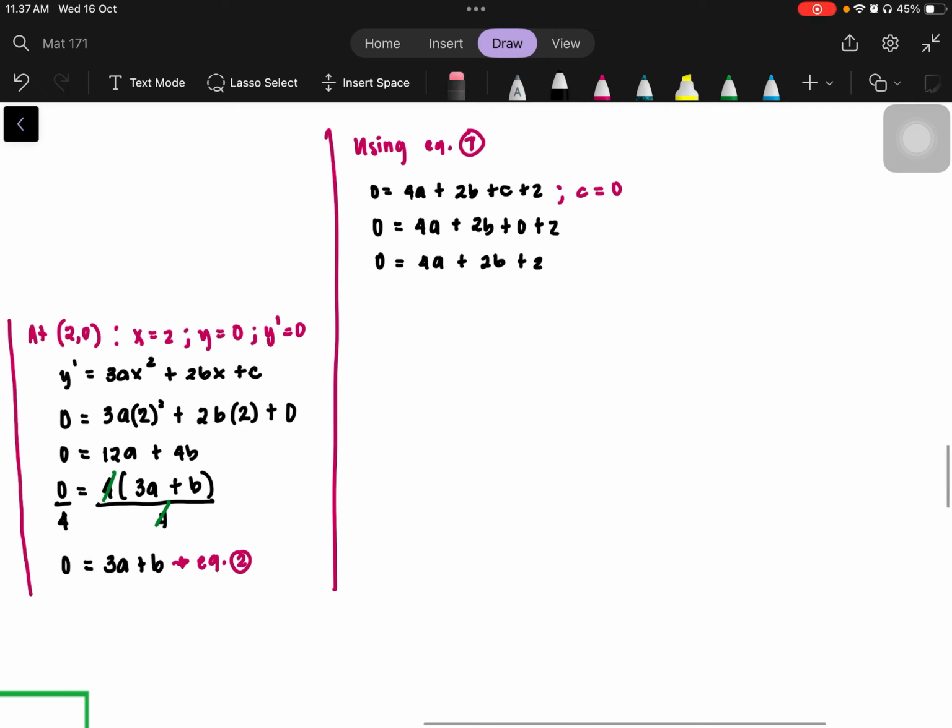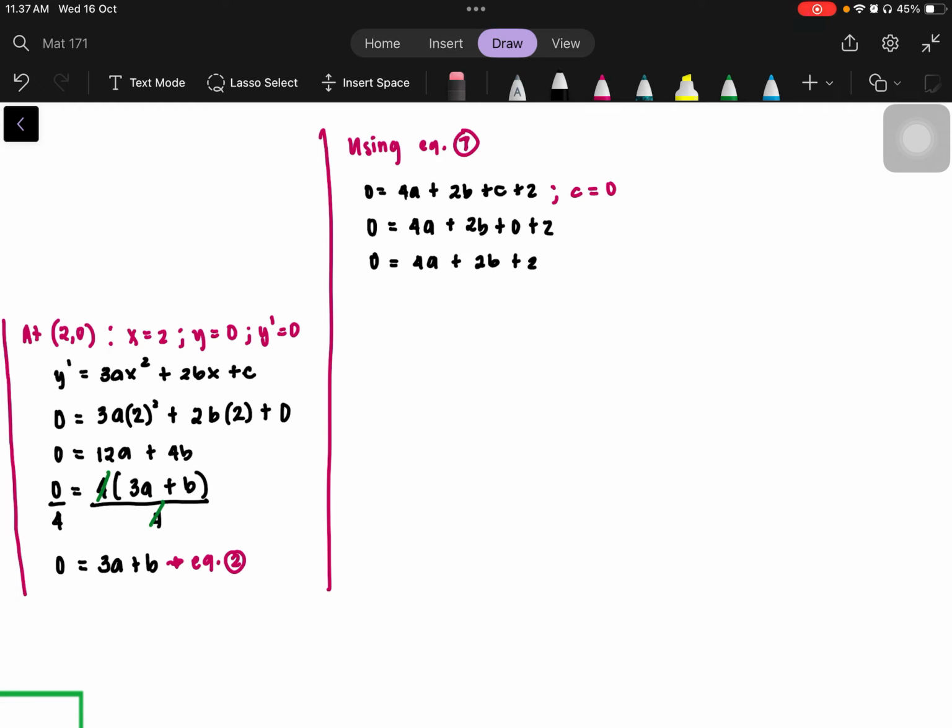And then, we divide both sides. Kuhanin ulit natin yung kanilang common factor. Okay, ano ba yung common factor nila? Diba we have 2. So, labas natin si 2. 4a divided by 2 is 2a plus 2b divided by 2 is b plus 2 divided by 2 is 1. Okay. And then, dividing both sides by 2, cancel. Then, matitira, 0 divided by 2 is 0.